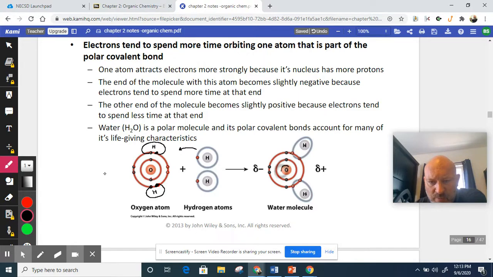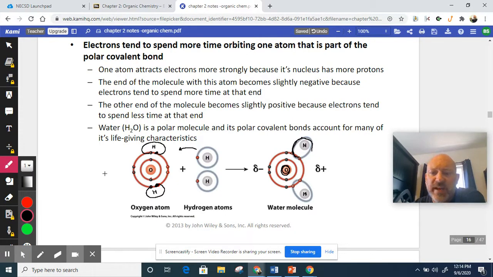So there's a lot more mass here in this nucleus. Remember, there's 16 particles in that nucleus. There's only 1 particle in that nucleus and 1 particle in that nucleus. So there's more mass around here. So these electrons are more likely to kind of hang out around this oxygen. But every so often, the electrons will orbit these hydrogen atoms as well.